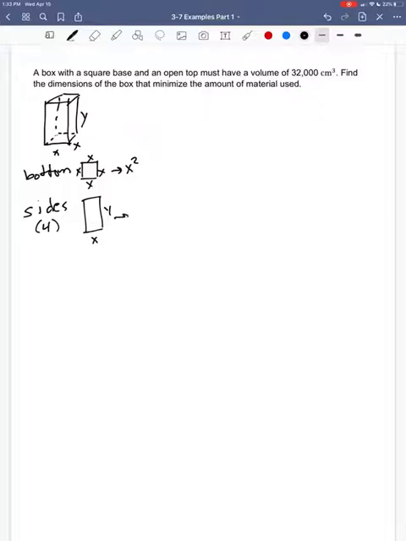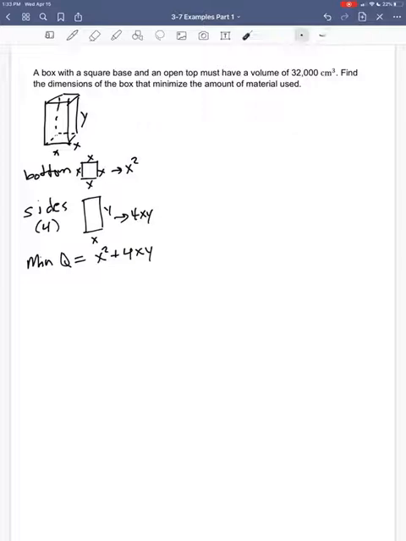And so my area for each side is XY, but there's four of them, so my total area is 4XY. So I'm supposed to be minimizing this quantity Q, which is going to be the total area for the box, which would be X squared plus 4XY.